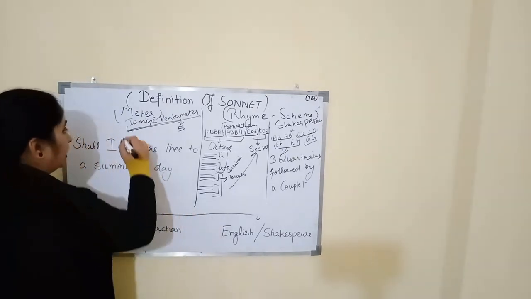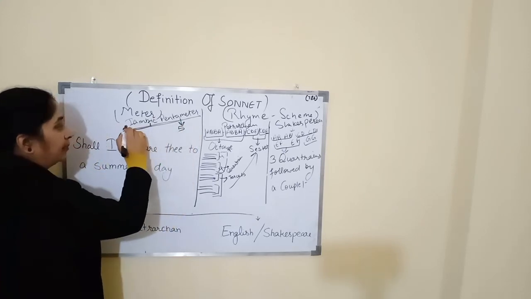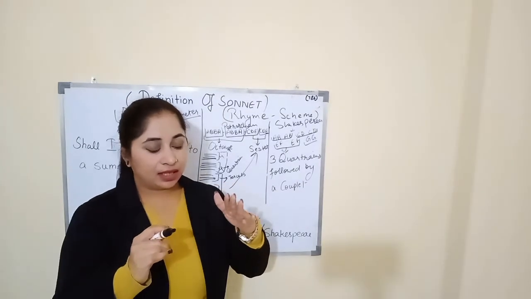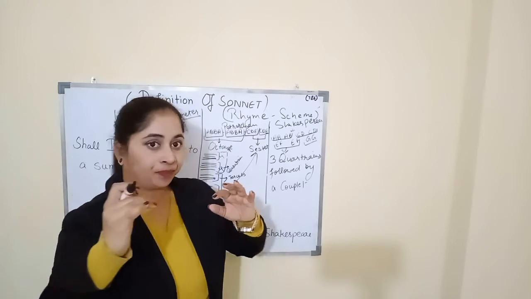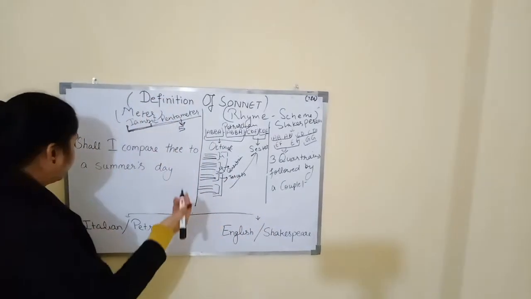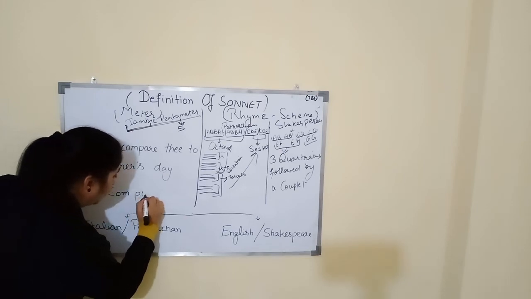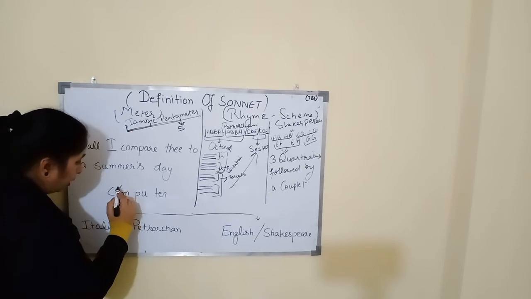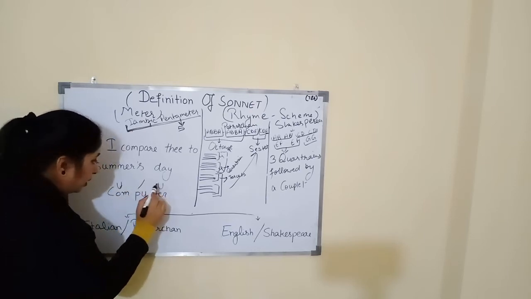Now, what is an iamb? Pentameter is 5. And what is an iamb? Iamb is an unstressed word and a stressed word, right? Let's say, I just gave you an example of computer. Okay? Computer.